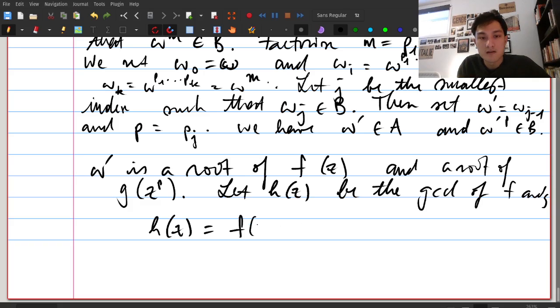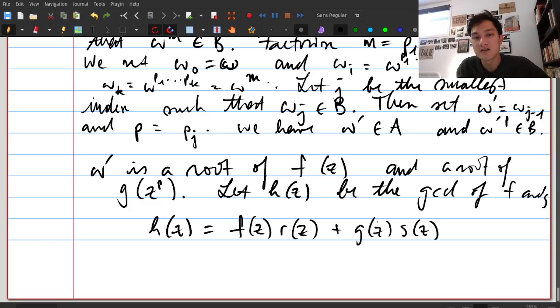You just keep running the division algorithm until you get the GCD, and then from all your steps, you can reconstruct this. I'm sure you've seen this somewhere. h of z equals f of z r of z plus g of z s of z, and it doesn't matter what r and s are.